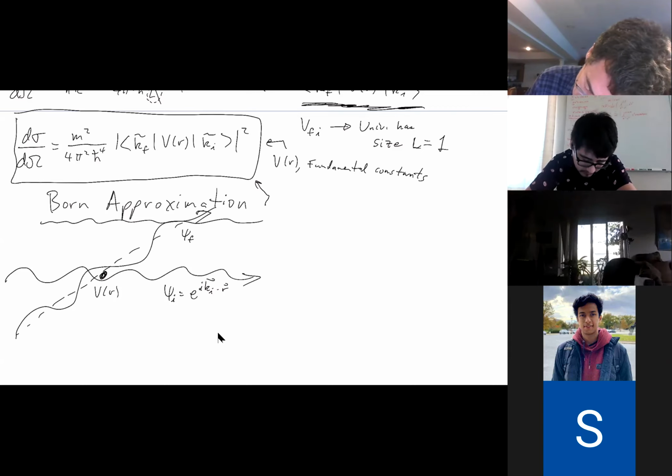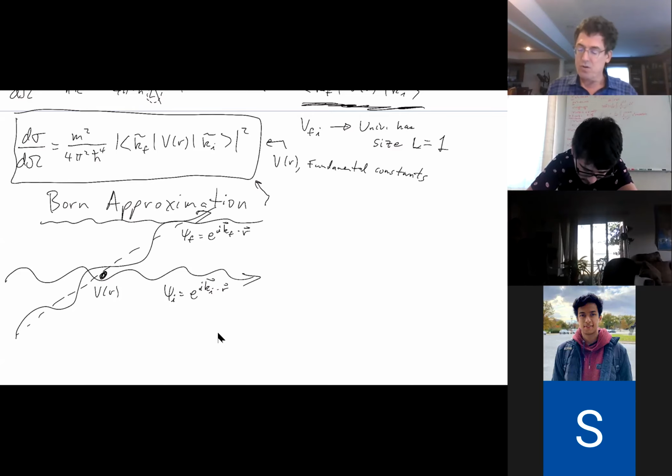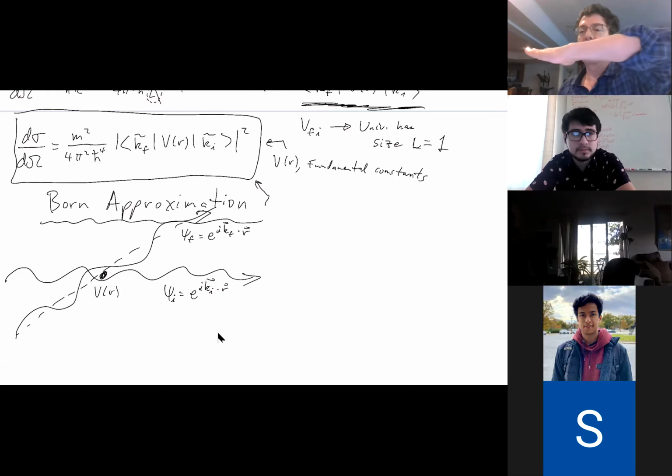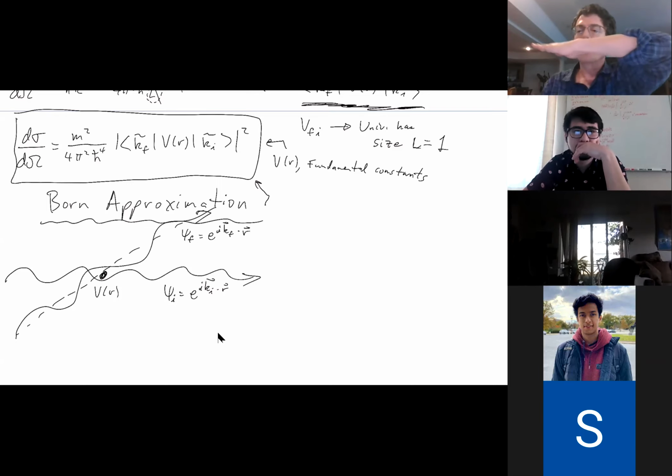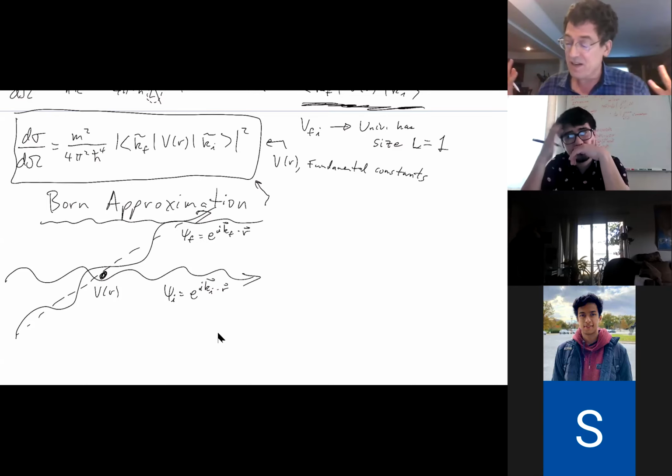Psi final is equal to e to the i k_final dot r. And so we're doing transitions like this. I used to be in this state, and now, bing, I'm in that state. Okay, that's what we just calculated. All right, and we used time-dependent perturbation theory, and we went through all the math, and we got an answer.